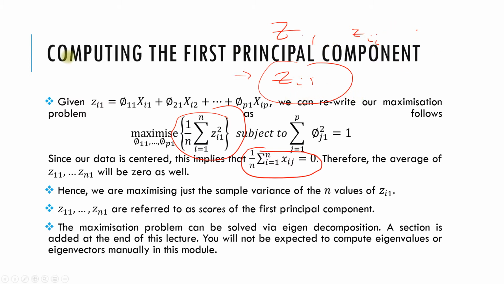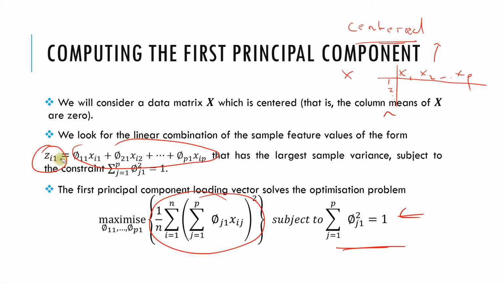This can be proven mathematically, all right? If you just look at that, you can continue it afterward. I'm just giving you an idea. Let's suppose you have zi1 equal to the sum from j equal to 1 up to p of phi j1 xij.